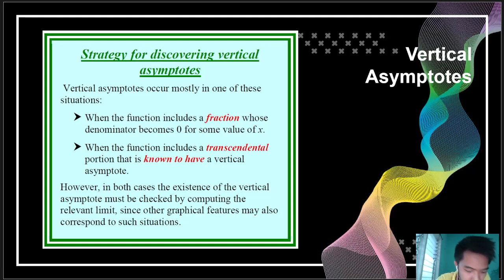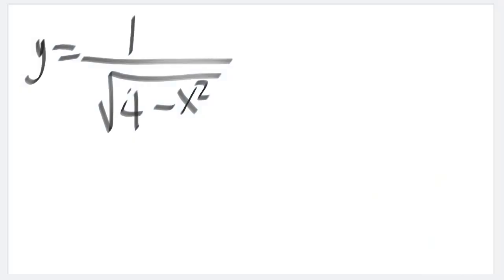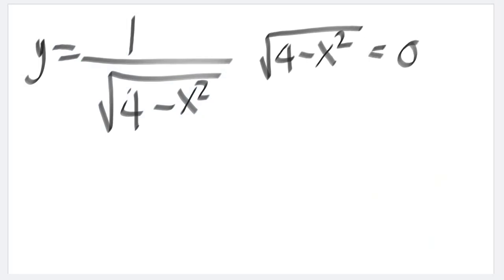So the square root of 4 minus x squared is equal to 0, according to the strategy that we have.